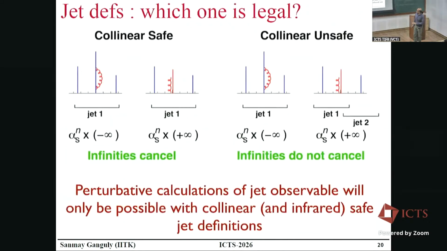Okay. So now here comes the question of how those two criteria ensure the IRC safety. So let's think we have 3 partons in the game. Here, what we are supposed to do is club 3 hard partons, which are shown through these blue lines, into one jet.